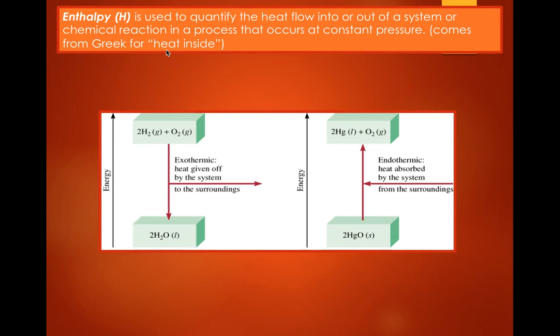We have mercury oxide, and in order to break that bond, we have to put energy into the system. So the energy goes up. The energy is flowing from the surroundings into the system. It makes the reaction feel cool because there's less heat in the surroundings, since now it's in the system. So it feels cool. It's endothermic.